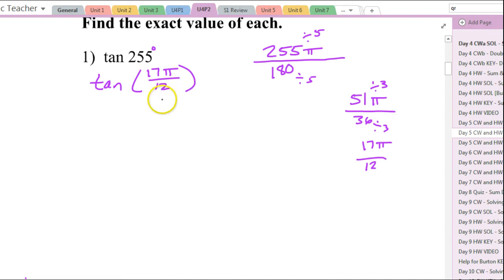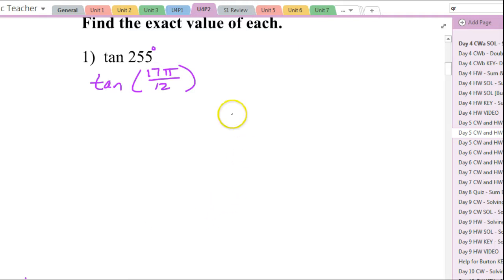Now this is not a special angle, so I need to split this up into two angles that are special angles. One way of figuring out how to break this up into special angles is to subtract a special angle. So I have 17 pi over 12. Usually it works to just subtract pi over 4, so I would start with that and see what I get.